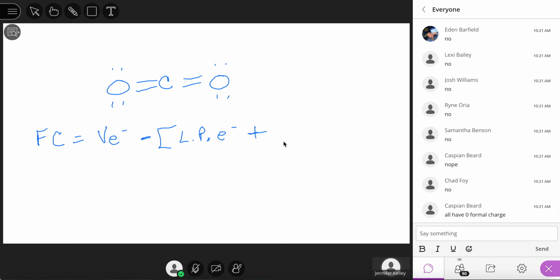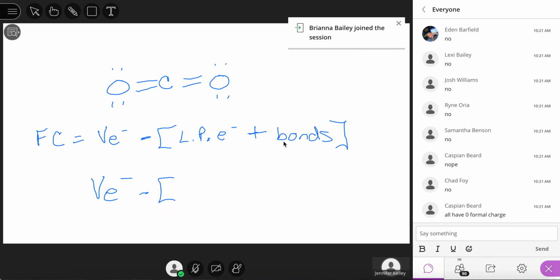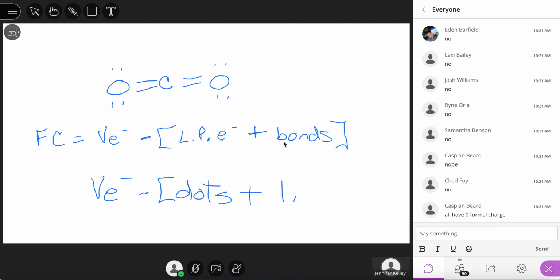Plus the bonds. You can also think of it as the valence electrons minus the dots plus lines. For instance, if I was going to do the one for carbon, well, you could do it that way too.